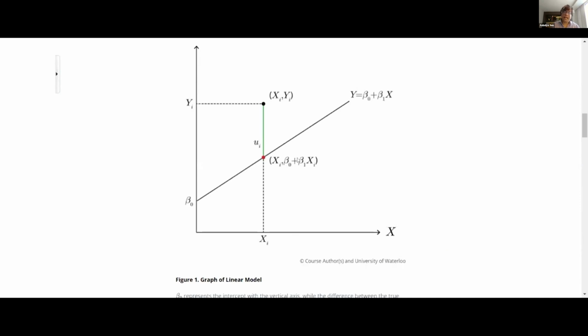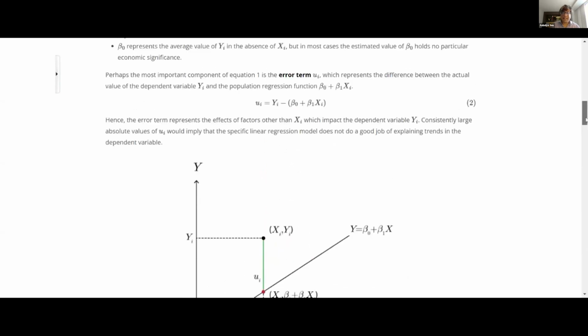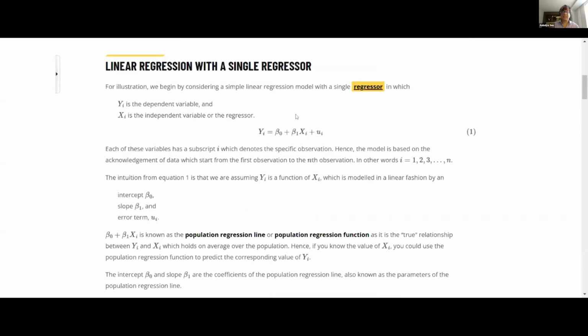One way to do that is to draw a straight line through your data points. When I'm estimating this equation, it's based on many, many observations, so this beta 1 is an average response.